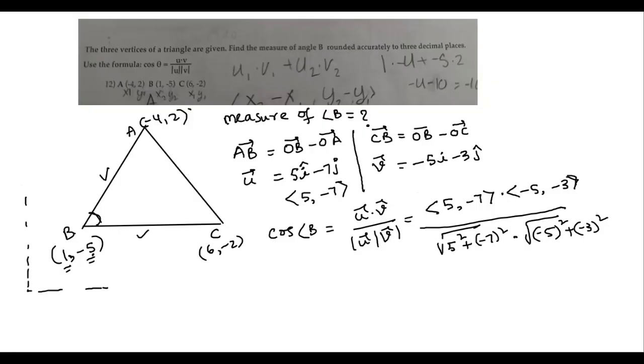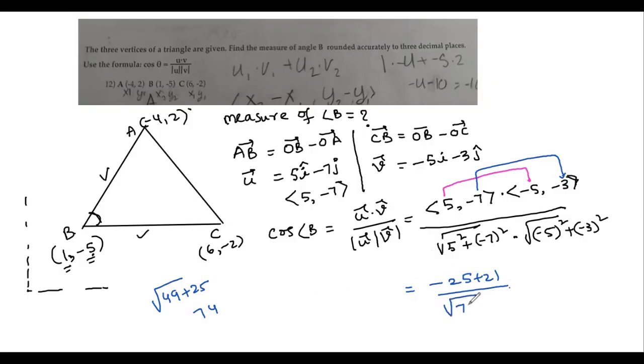And here in the dot product, you just do the cross multiplication of the like terms. I mean, x coordinate and x coordinate you will be multiplying, and thereby y and y coordinates. Corresponding elements you need to multiply. So answer is coming as minus 25 plus 21 whole divided by square root of 49 plus 25, so root 74 times root 34.